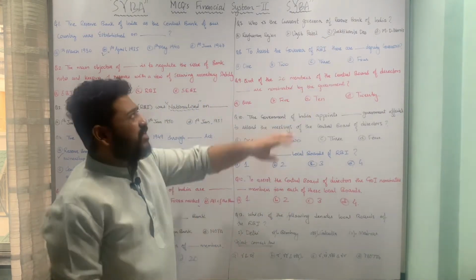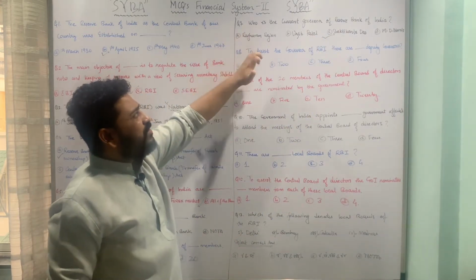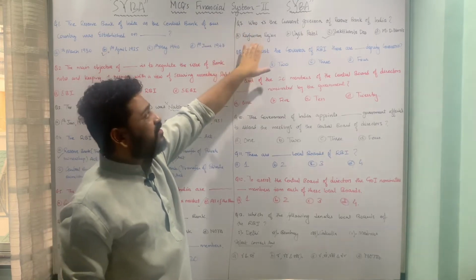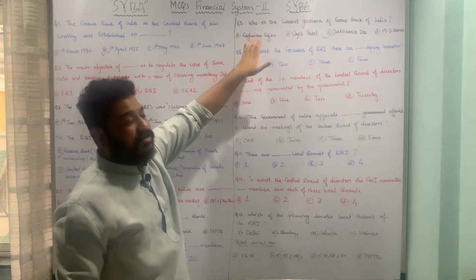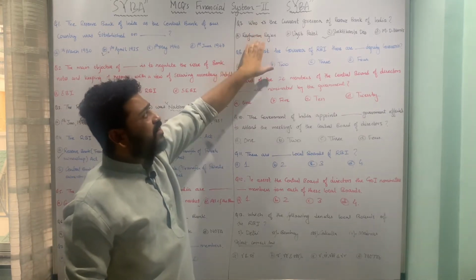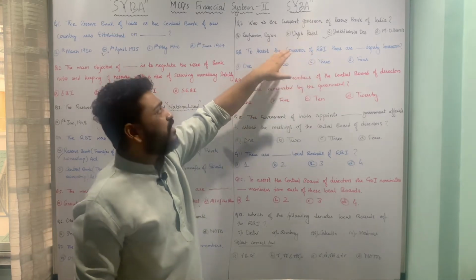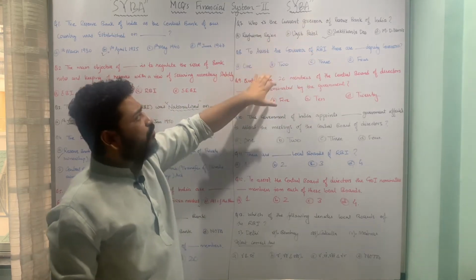I hope it is clear. You might get such questions. In the previous semester you had a question with respect to SEBI, I think, in similar fashion, the chairman of SEBI. Anyways, the current governor of Reserve Bank of India is option C, Shaktikanta Das. I hope this is clear. Let us now move to the next one.